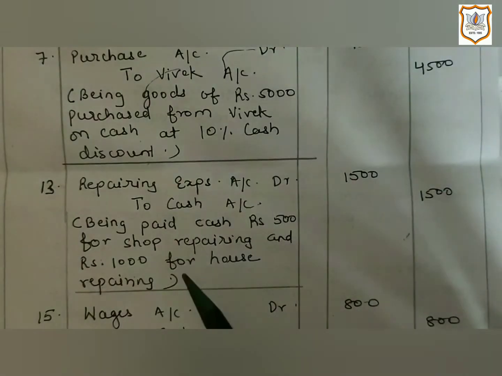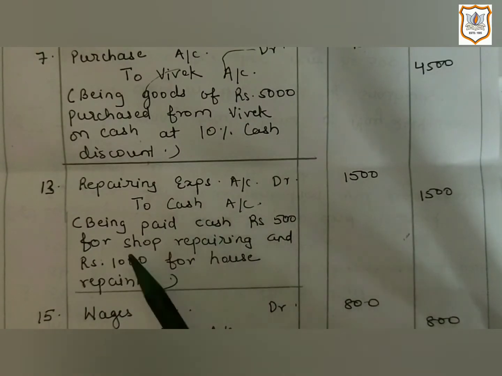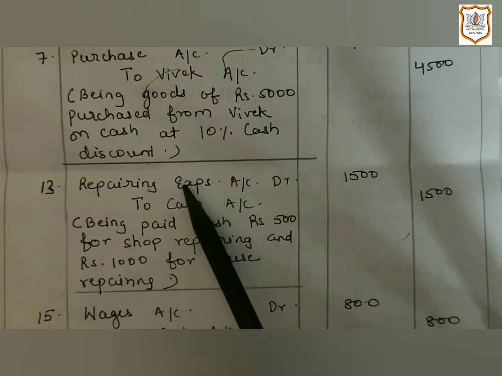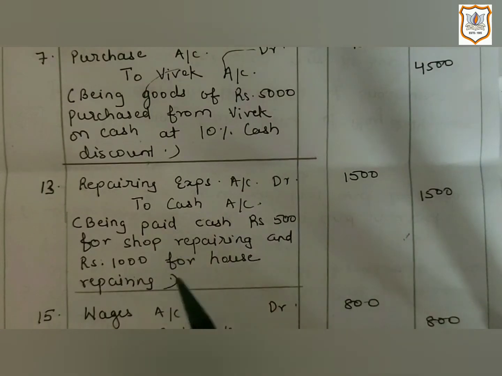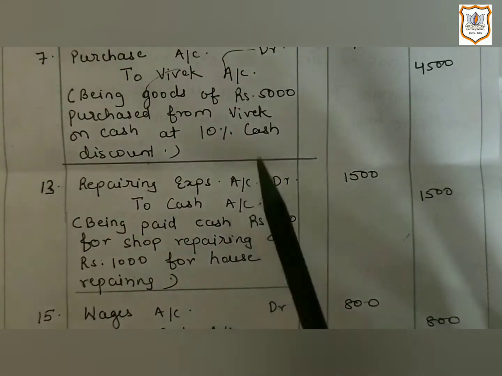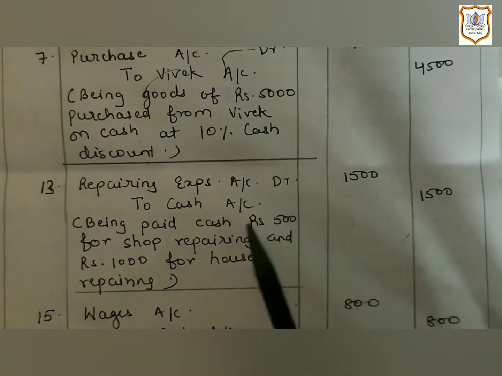See, here shop repairing expense and house repairing expense, both types of expenses are being paid. But shop repairing expense is a business expense, while house repairing expense is the owner's personal expense. So what mistake is done here?